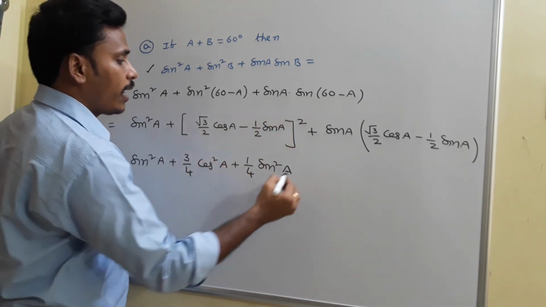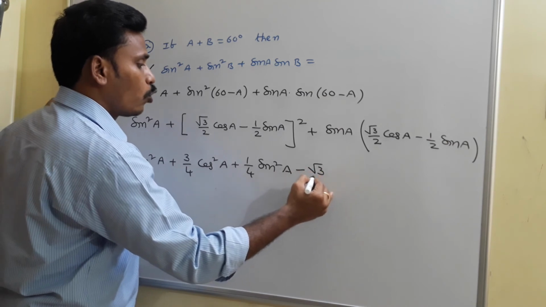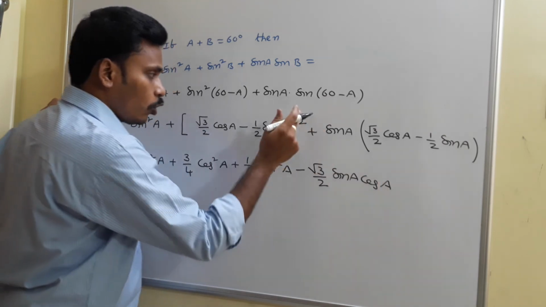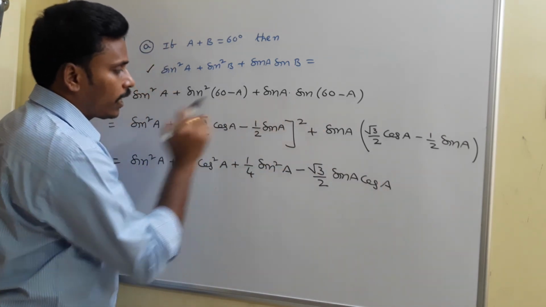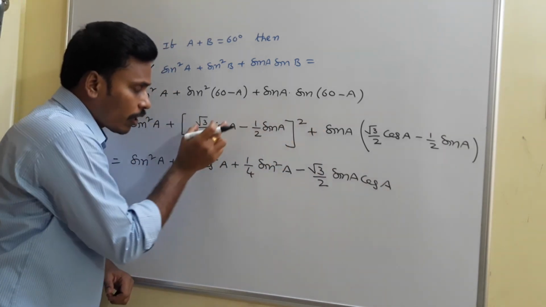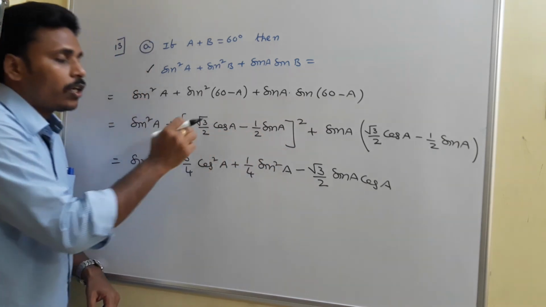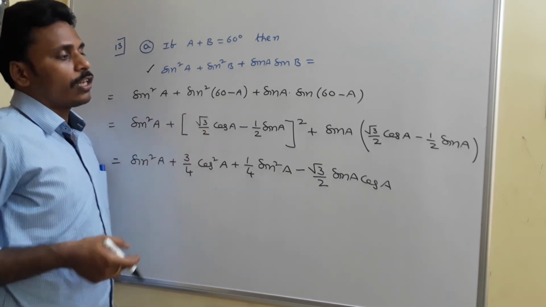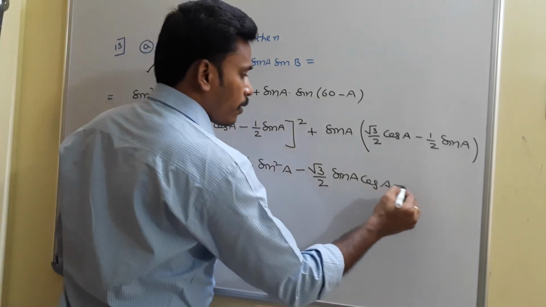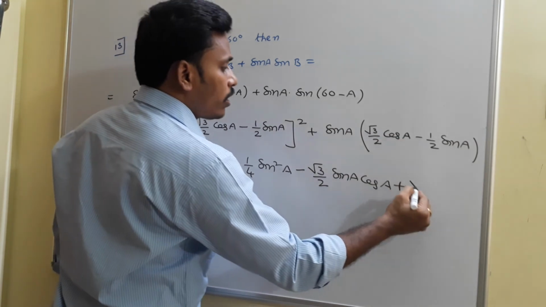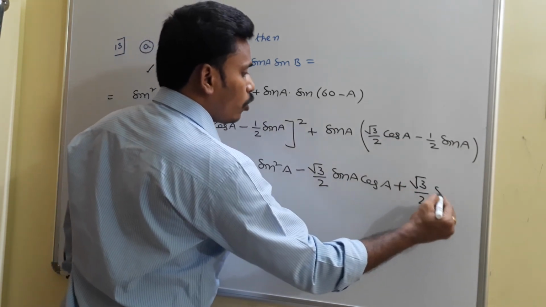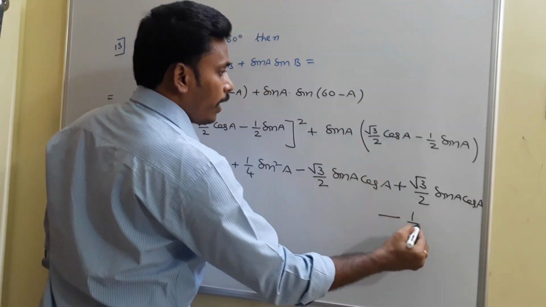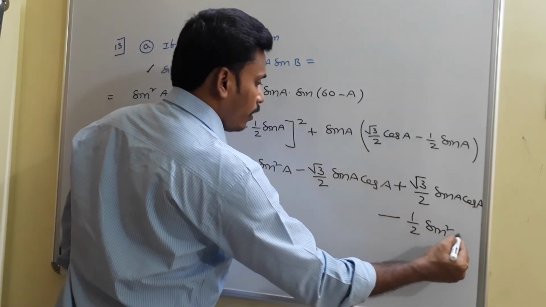The 1 and 2 will get cancelled, leaving root 3 by 2 sinA cosA, with a minus sign. Plus sinA into this one gives root 3 by 2 sinA cosA minus 1 by 2 sin²A.